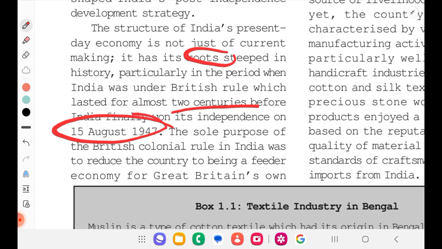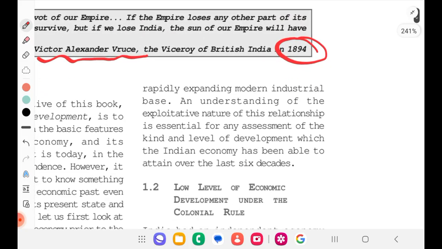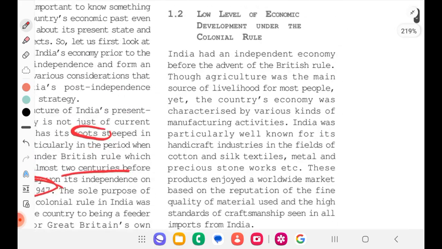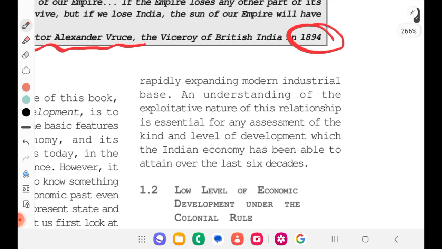The sole purpose of the British colonial rule in India was to reduce the country to being a feeder economy for Great Britain's own rapidly expanding modern industrial base. An understanding of the exploitative nature of this relationship is essential for any assessment of the kind and level of development which the Indian economy has been able to attain over the last 6 decades.